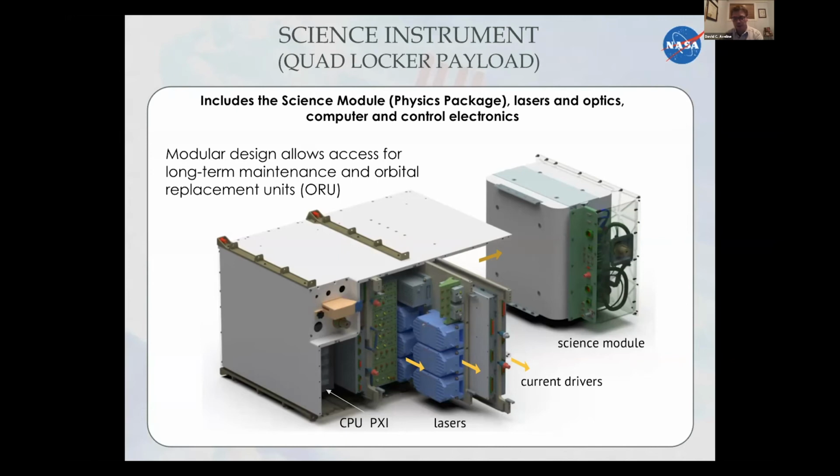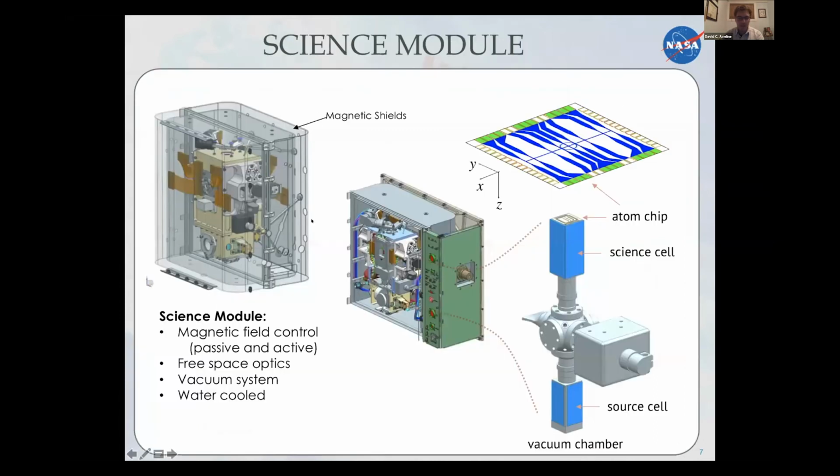So let me move on, but that science module is in the upper right, what I'll draw your attention to, and that's going to be in this next slide. Basically, the science module is the vacuum chamber and all of its rigidly mounted surrounding hardware. That includes the outermost part, this 2-layer magnetic shielding.